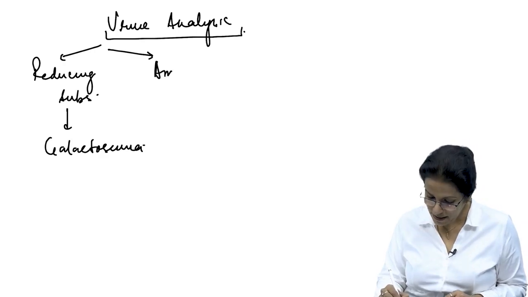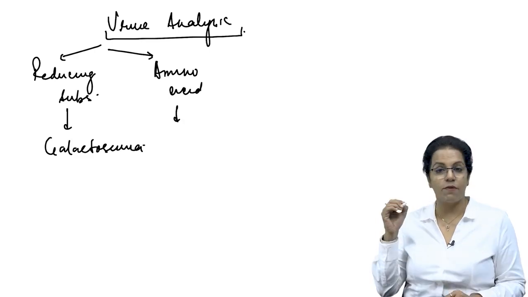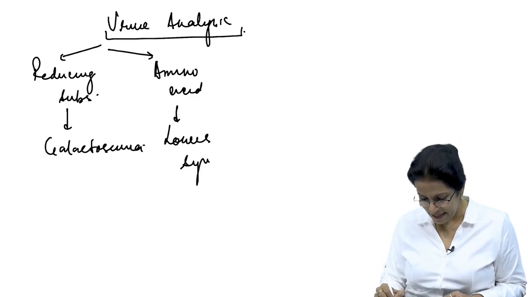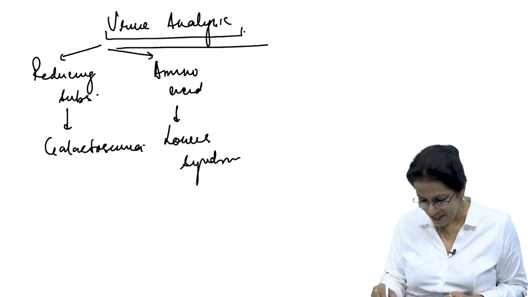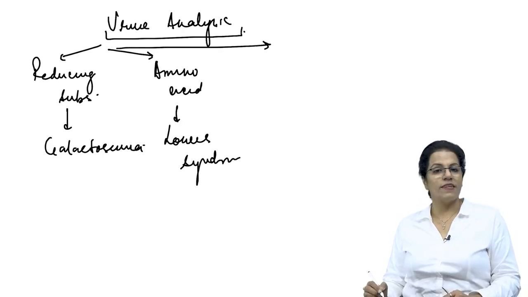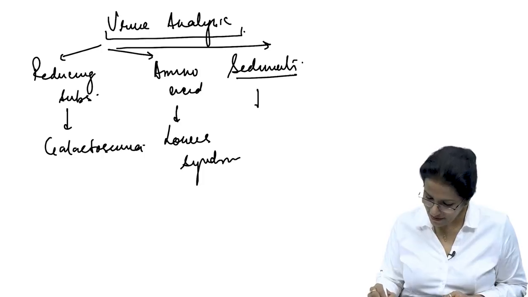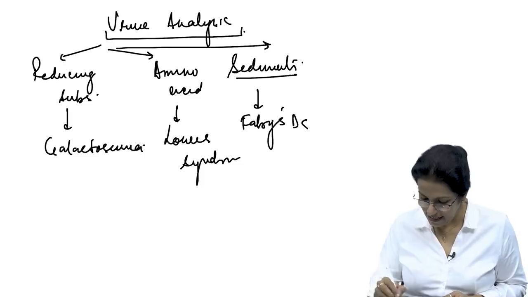Check for amino acids. If you see amino acids in the urine, the diagnosis goes more towards Lowe syndrome, right? Okay. What is the third one? Third one is sediments. Any sediments, then the diagnosis is going more towards Fabry's disease, right? So, we will learn like this.